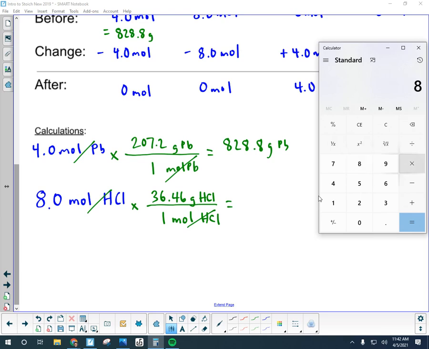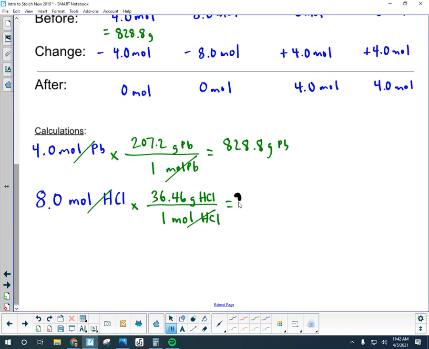So I'll go 8 times 36.46 equals. And again, I'm going to go ahead and round it to 1 decimal place. So I'm going to call it 291.7 grams.